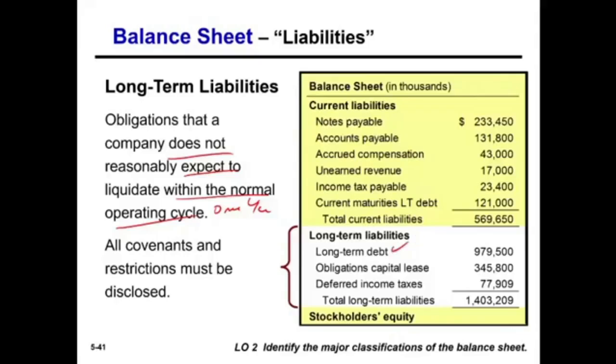Like long-term debt, obligation under a capital lease, and deferred income taxes. Those are liabilities that will stay with us longer than one period, or those liabilities we would require to reissue long-term debt to refinance them.